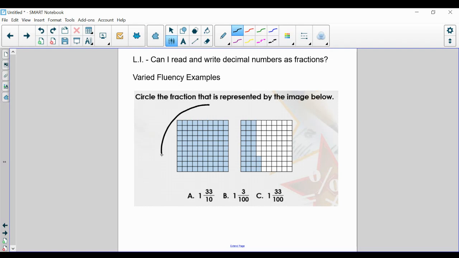Okay, so every single option has got a 1 because we have a whole. And we then got 1, 2, we've got 3 tenths, which is the same as 30 hundredths. So we need one with 30 in it. Could be this one. Could be this one. But it's 30 and 3 hundredths. This one has a tenth. So the correct answer is C.